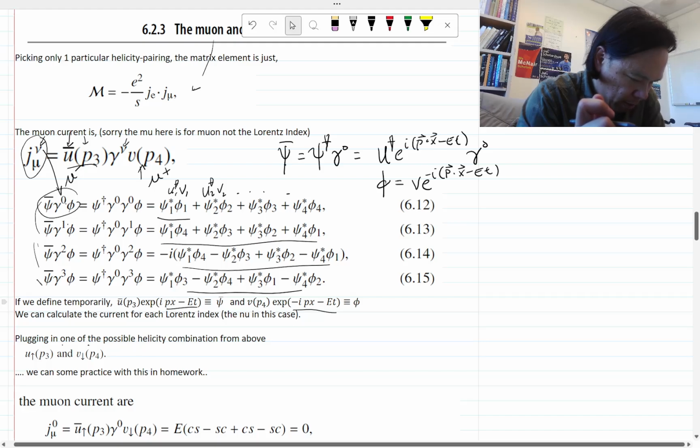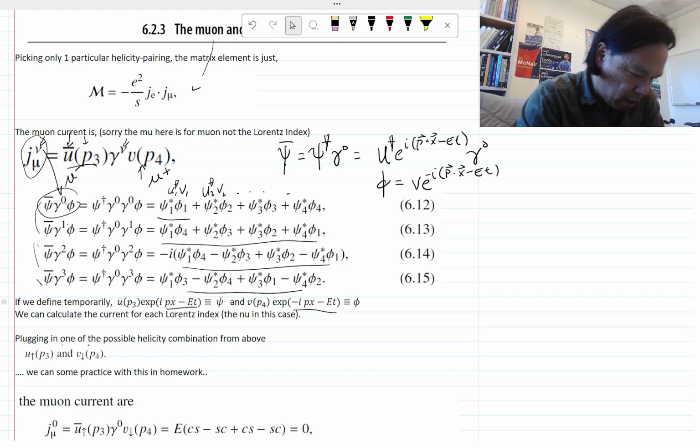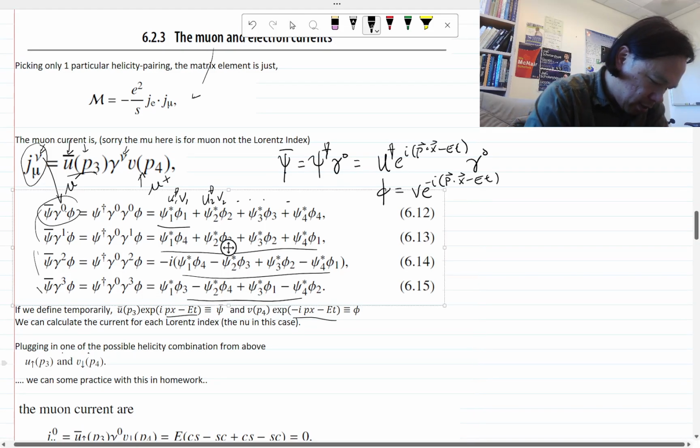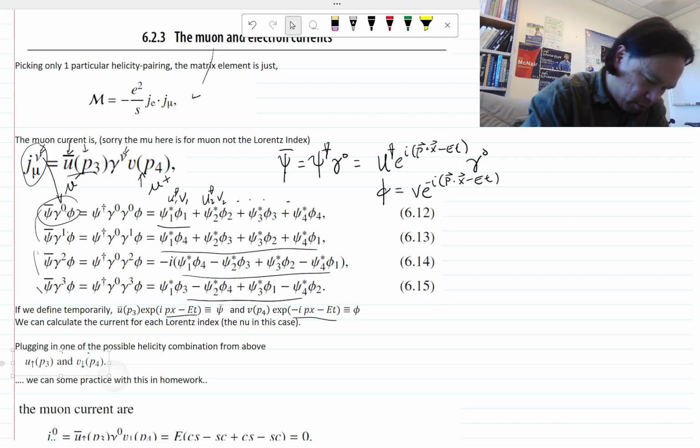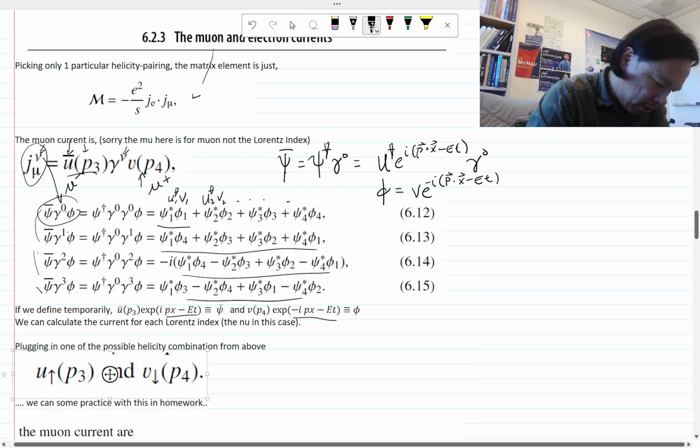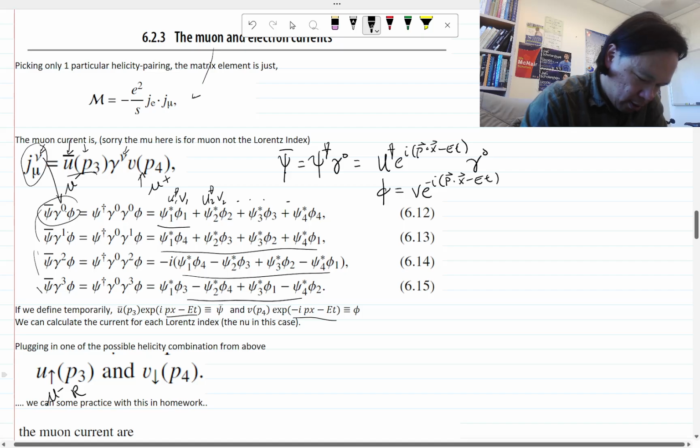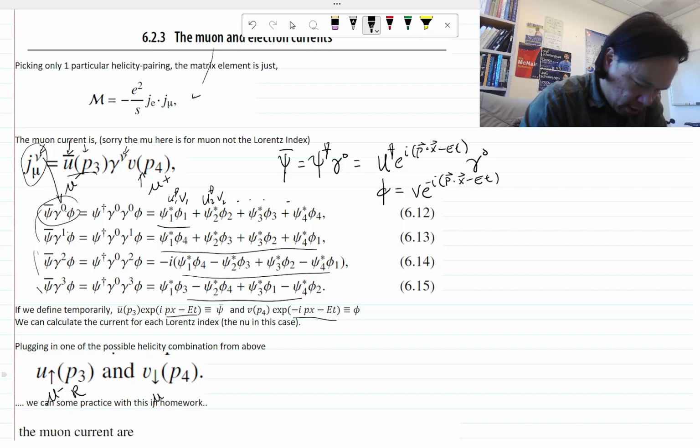By plugging in one of these possible helicity state combinations, let's say we're going to deal with this, let me make this a little bit bigger, this is the outgoing muon, right-handed, connecting to the anti-muon with the left helicity.